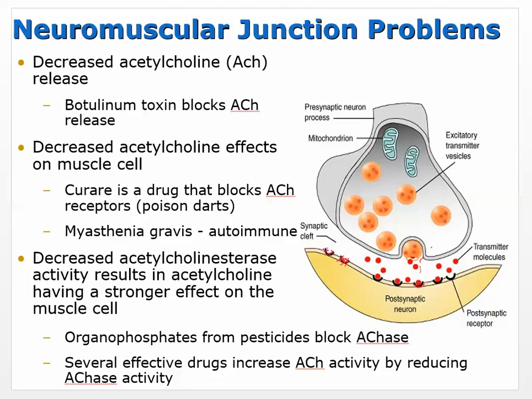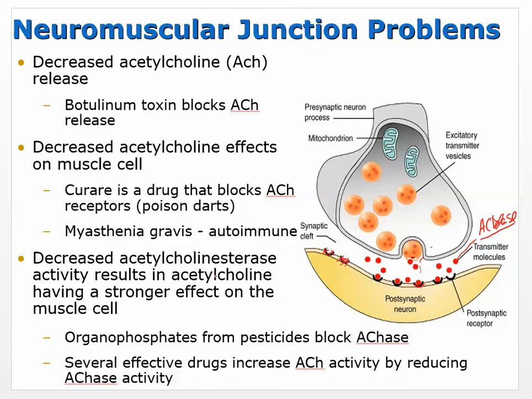and attacks these receptors. The way that acetylcholine is cleared is with something called acetylcholinesterase, which gets rid of the acetylcholine. So if we block acetylcholinesterase, then we end up leaving that acetylcholine in there for a longer period of time.